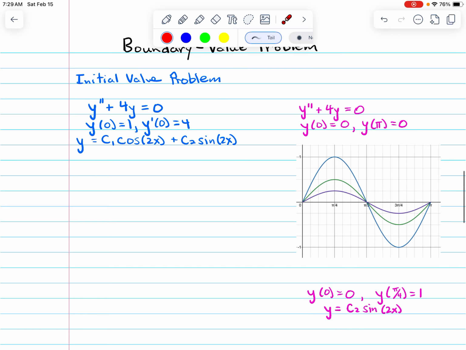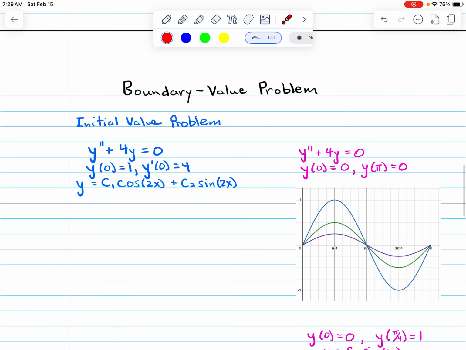Now I want to show you how these can differ, because if you look at this first one, this initial value problem, this definitely meets the criteria for the unique solution theorem that we just looked at. In other words, this meets the qualifications. And what I'm saying here is that this is a solution.